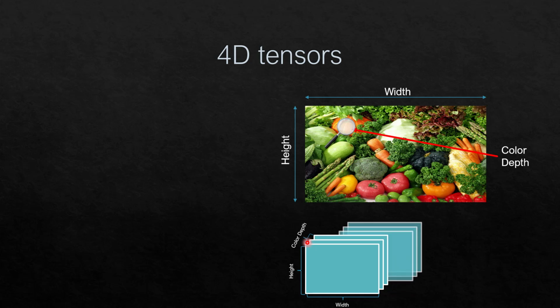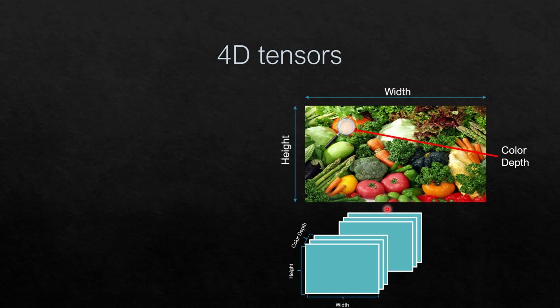And if we have multiple images, we will have multiple 3D tensors stacking one after another, so kind of like rectangular blocks. We are keeping one on top of another over there. So now when we have multiple images, the different image samples also form another dimension, the 4th dimension.